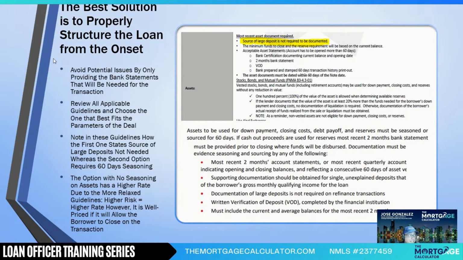And here's a prime example, right? The first example will state here that, and you'll see how I have it highlighted in yellow, right? Source of large deposit is not required to be documented, right? So with that guideline, and that's for one of our DSCR options, they don't care. All they really want is just the bank statement to show the current balance, and whatever's in the current balance, that's what's there.